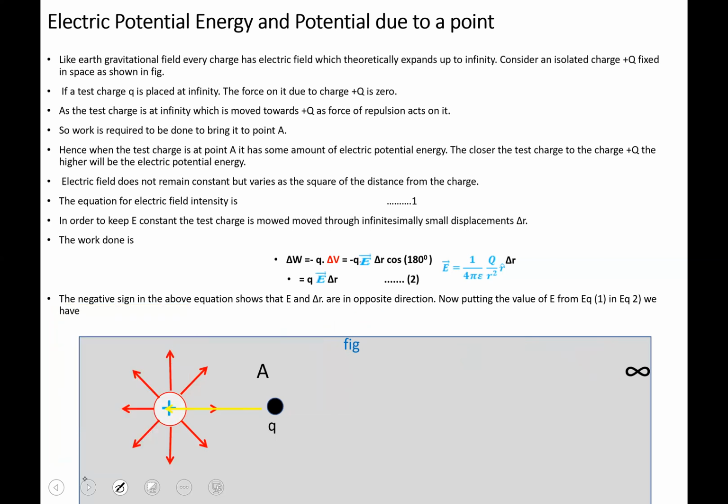Now we have the value of delta W, which is equal to R squared delta R, and we are going to put in the values. The test charge is at a large distance RA from Q, and we divide the distance between RA and RB into infinitesimally small displacements so that the field intensity over each displacement remains constant.